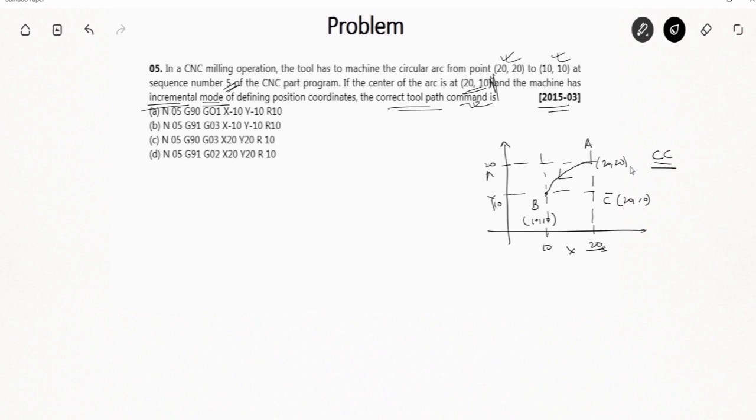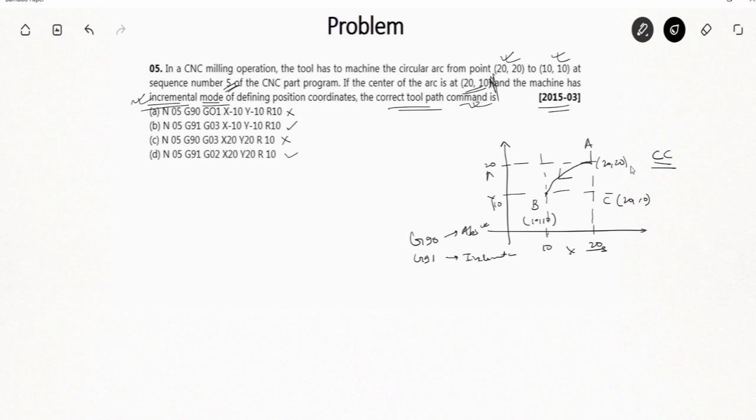If we go to G codes, G90 is defining absolute coordinates and G91 is defining incremental coordinates. Now we will look at the options. Option A has got G90. As we are not talking about absolute, we are talking about incremental, so option A and option C will get eliminated. Incremental means G91, and G91 is there.